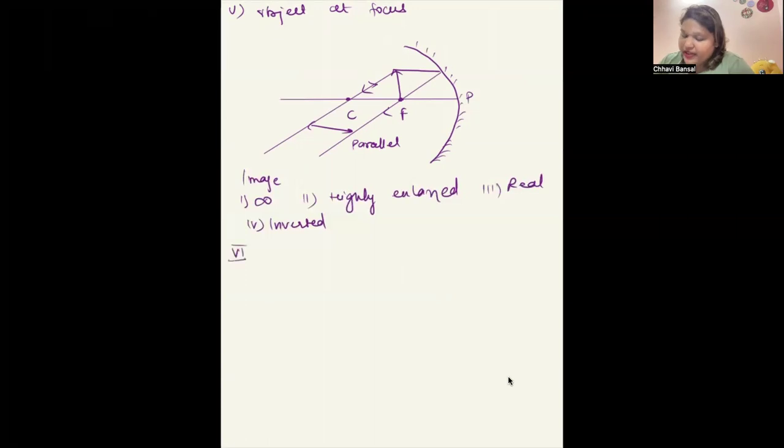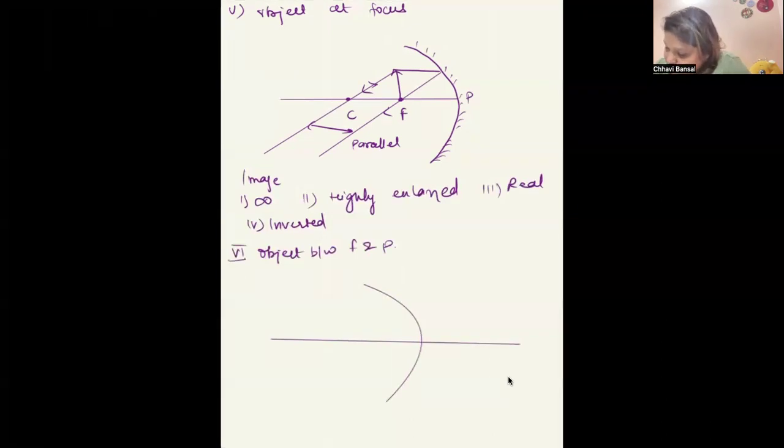The last case, a very, very important case, which has many uses in our day-to-day life: object between focus and pole. This is pole, this is center of curvature, this is focus.